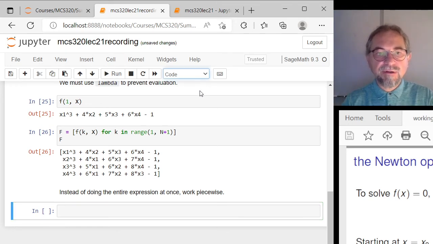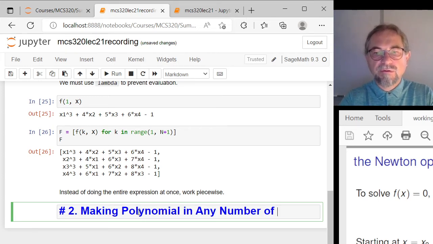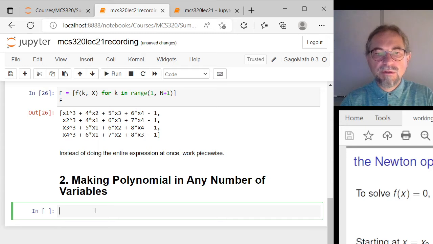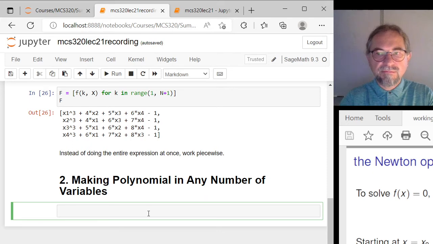Let's look at polynomials in several variables. So making polynomials in any number of variables. So Sage has a built-in random element for this, but let us make our own random polynomials.